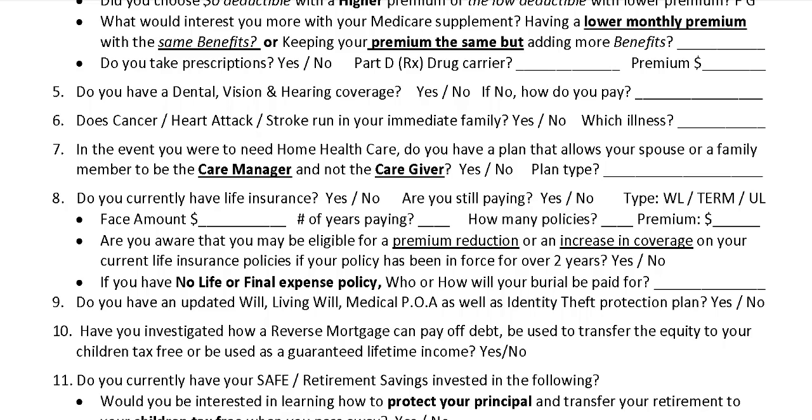All right, number 7, in the event that you need home health care, do you have a plan that allows your spouse or your family members to be a care manager and not a caregiver? So let me go through the difference between the two.